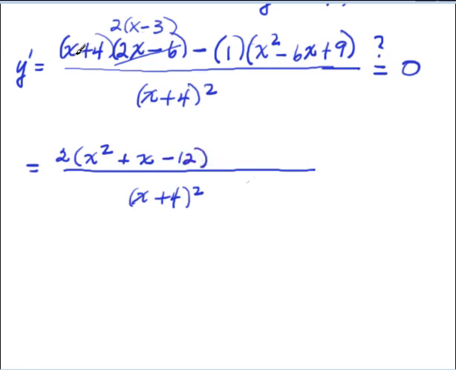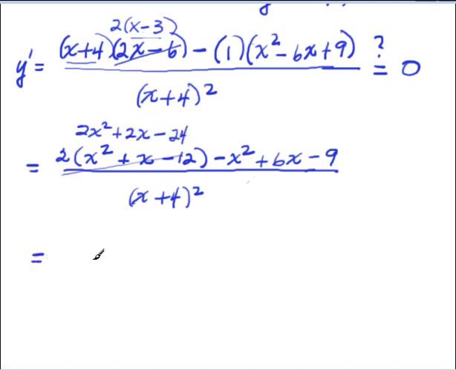I just multiplied x plus 4 times x minus 3 to get this. Then I might as well open the parentheses here: minus x squared, then minus minus, that's plus 6x, and then minus 9. Multiplying through by 2 here, we have 2x squared plus 2x minus 24.